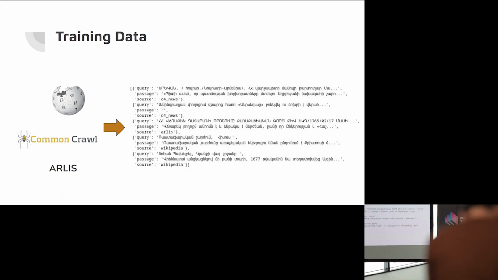So our whole training data consists of about 200 million tokens, which is actually not a lot, as if you compare it with English, it would be about a couple billion tokens. So 200 million is not a lot, but it can be a good starting point.